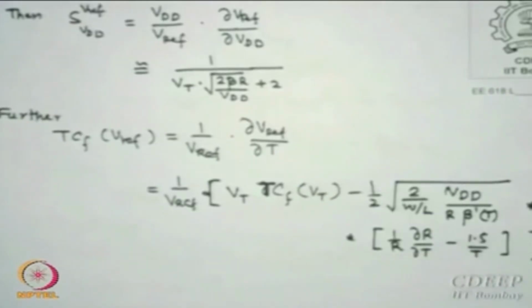This 1.5 by T is coming from where? From d beta dash by beta dash, that last time we did in the class also. I forgot, I remembered while going to the main building that I have not given that data to you.